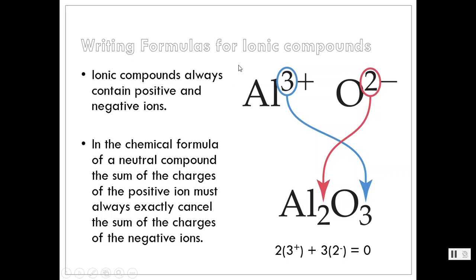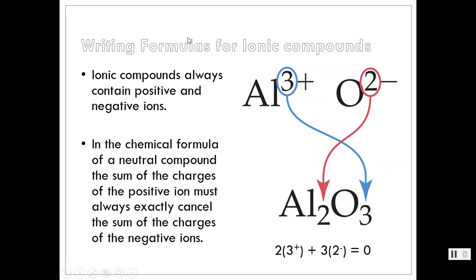Remember that metals like to be positively charged, cations, and nonmetals like to be negatively charged, anions. So when writing a balanced chemical formula for an ionic compound, it's vital that when you put the two ions together, the charges equal 0, so they are a neutral molecule.